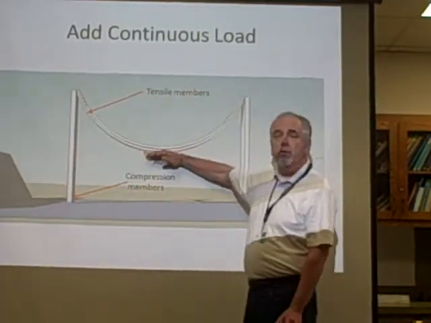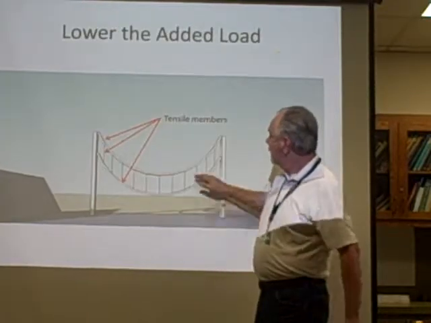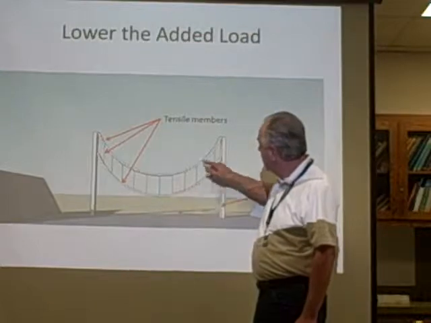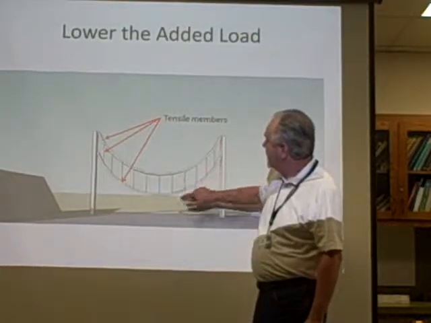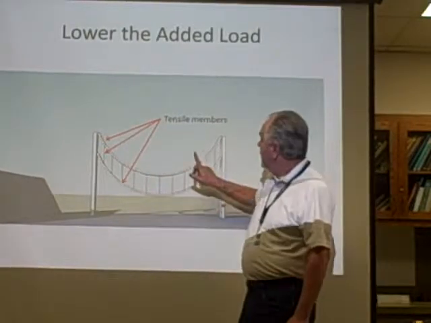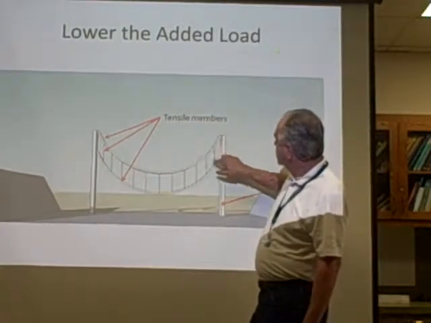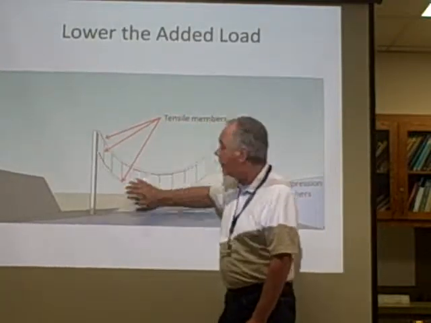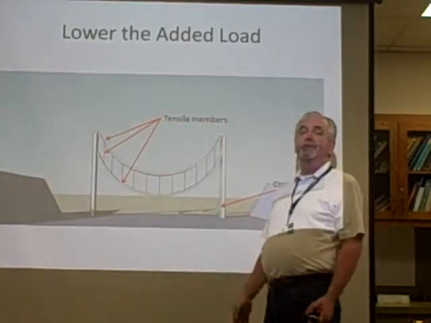It's just grown more. Well, then think of lowering that load of cars, trucks, and buses on tensile members to just simply move it down. And what happens then is that the result is essentially the same. All of this load is going down to the ground on these compressive members just as it did before.